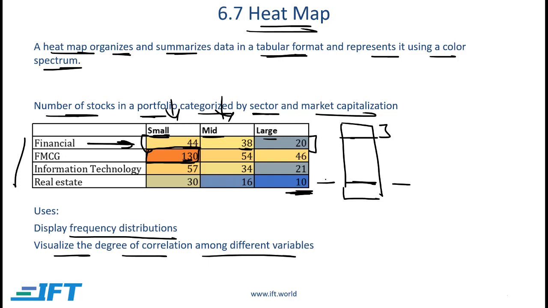And this concept would also apply across rows. So if we have two rows where the colors are very different, that would imply a relatively low correlation. But anyway, the main point to remember is that through a heat map, we can quickly display frequency distributions.